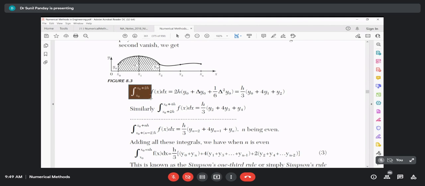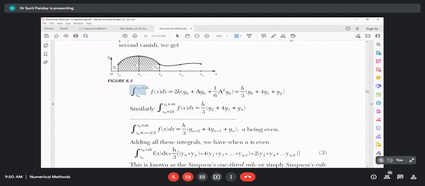So in this I1 we are taking 3 points: x naught, x1 and x2. Three points means we are able to fit a polynomial of degree 2. So the second order forward difference is constant and third and higher order forward differences are 0.